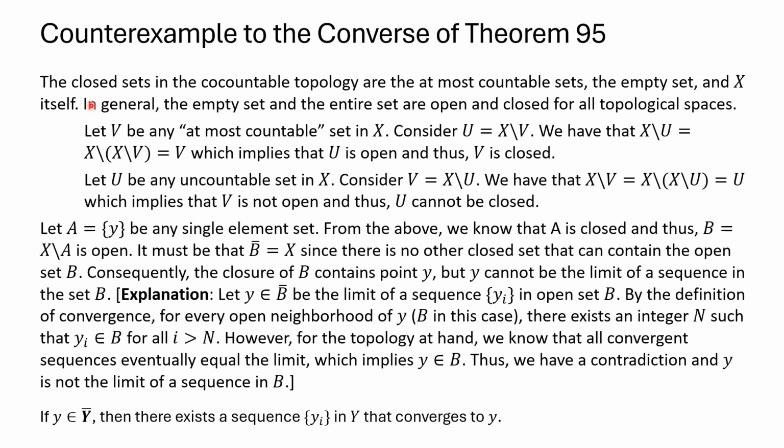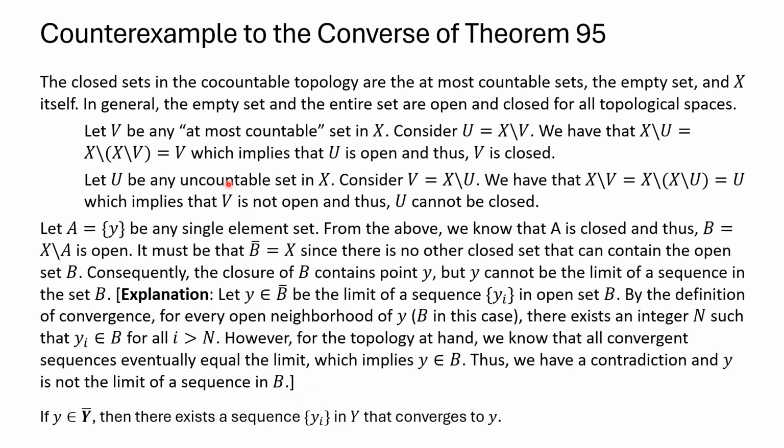Finally we got to our counterexample of the converse of theorem 95, which I've written down here. If little y is an element of the closure of Y, then there exists a sequence y sub i in Y that converges to y. We're going to show this is not necessarily true for topological spaces via a counterexample.